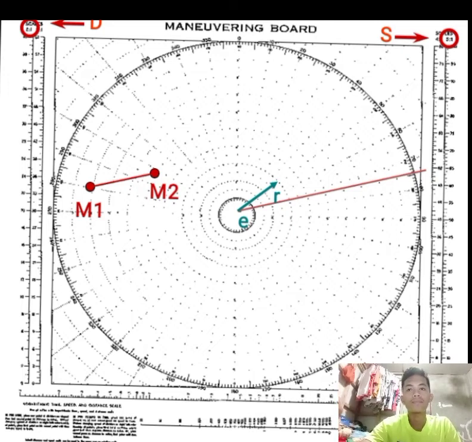So to get the 0.73 true course, we have to get a line that starts from the center, which is our true course, to 0.73.